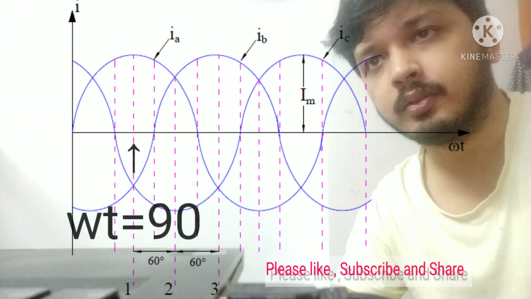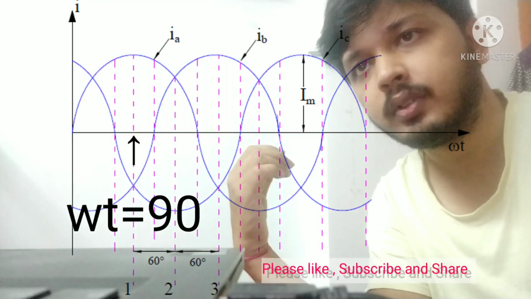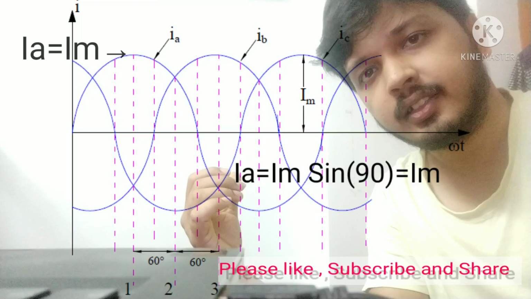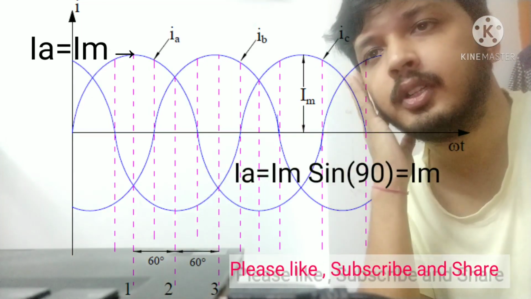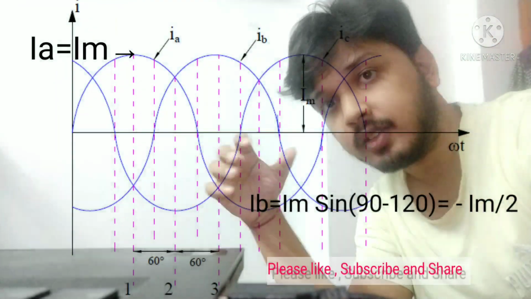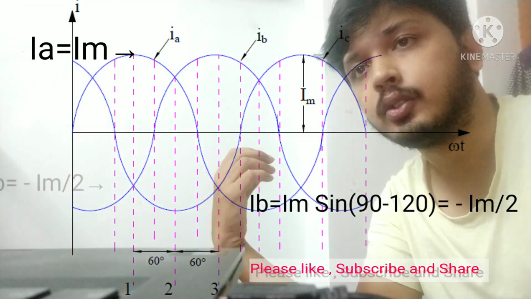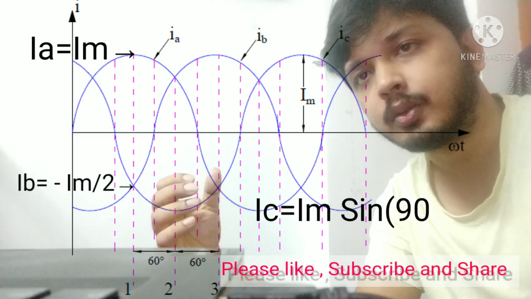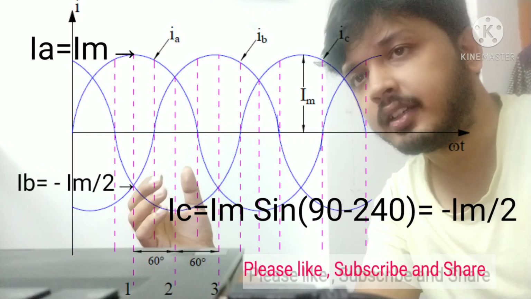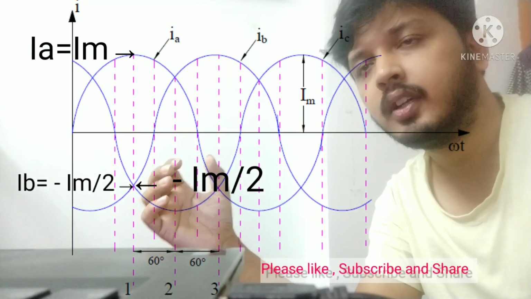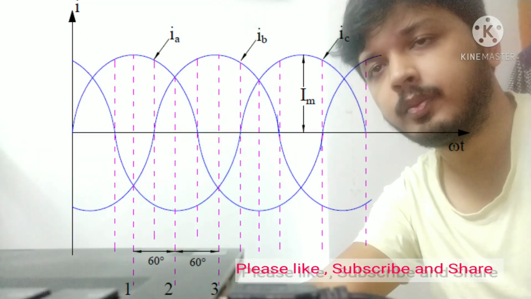At instant 1, when omega t equal to 90 degree, IA equal to Im sin 90, that is equal to Im. IB equal to Im sin 90 degree minus 120 degree, that is equal to minus Im by 2, and IC equal to Im sin 90 degree minus 240 degree, that is also equal to minus Im by 2.